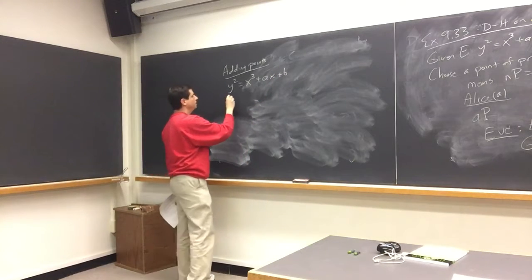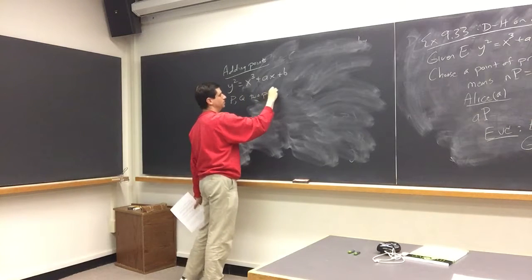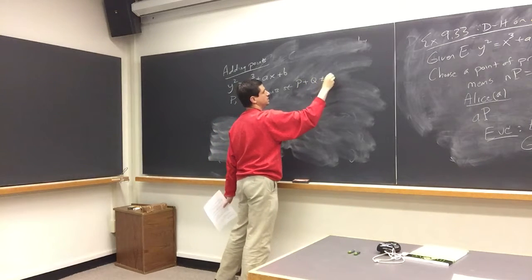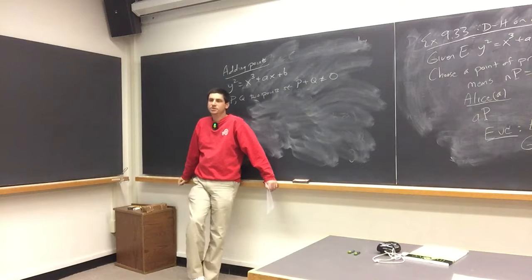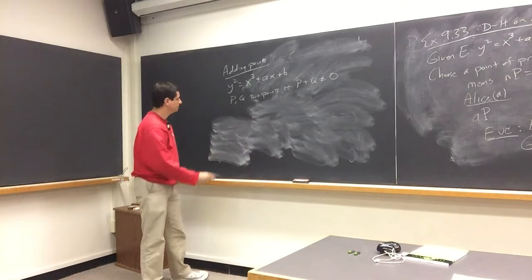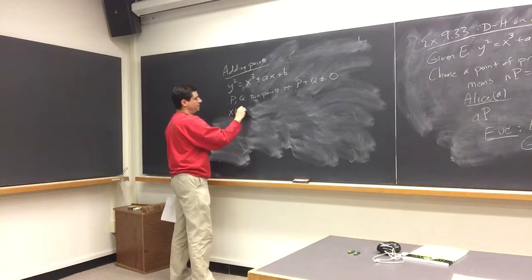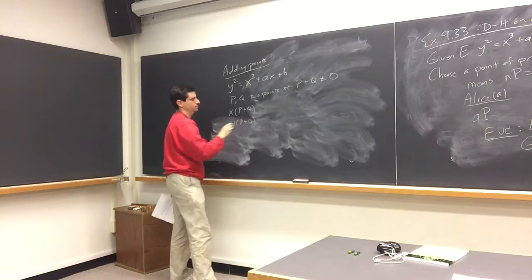We'll assume P and Q are 2 points such that P plus Q does not equal the identity. Well, if P plus Q does equal the identity, then I know what's going on, so we'll stay away from 2 points like that. And we want to figure out what's the x coordinate of P plus Q and what's the y coordinate of P plus Q.